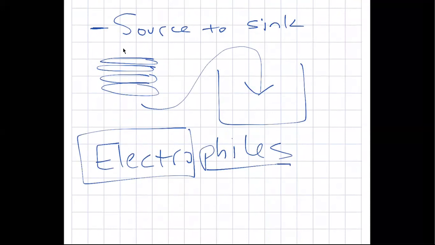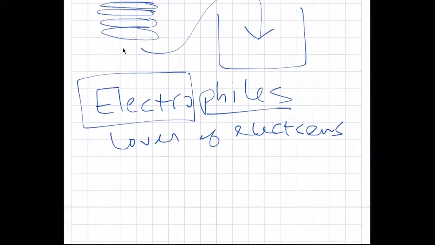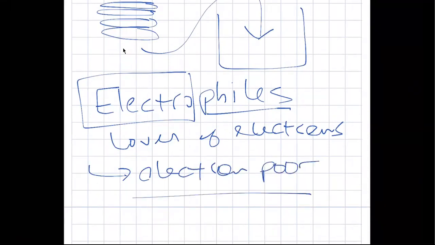So this is a lover of electrons. Electrophiles want electrons. They are what we call electron poor, or electron deficient.